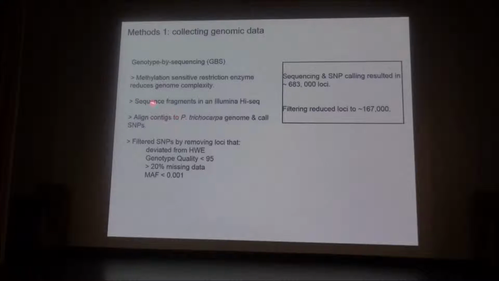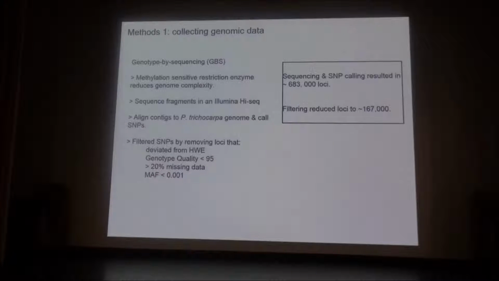So our sequence fragments that were digested by this restriction enzyme were sequenced on Illumina HiSeq, and we aligned our contigs to the Populus trichocarpa genome, and we called SNPs. From our SNP call, we got 683,000 SNP loci, which we eventually filtered for sites that are out of Hardy-Weinberg equilibrium, low-quality sites, sites that have a lot of missing data, and sites with a minor allele frequency of less than 0.001.